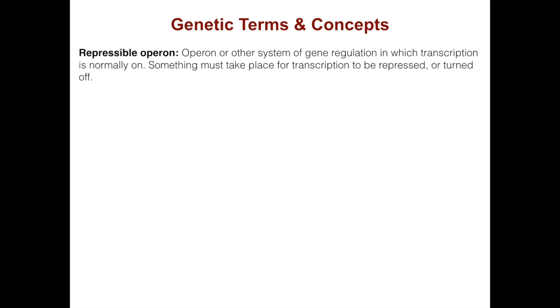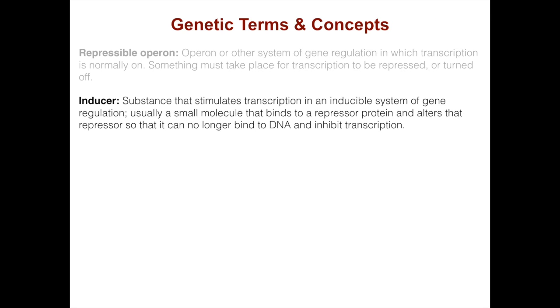Something must take place for transcription to be repressed or turned off. Inducer: substance that stimulates transcription in an inducible system of gene regulation. Usually a small molecule that binds to a repressor protein and alters that repressor so that it can no longer bind to DNA and inhibit transcription.